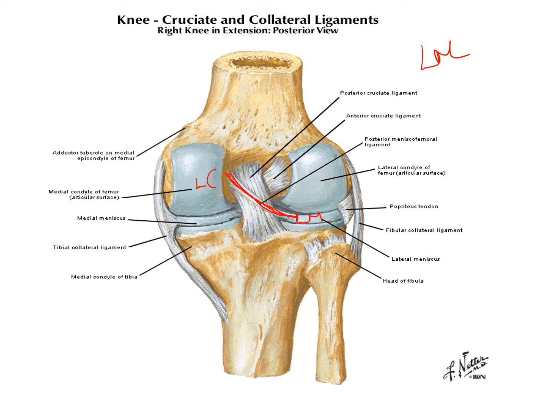This is called the meniscofemoral ligament, attaching the meniscus to the femur. That is why it is called the meniscofemoral ligament. It has two bands, an anterior band and a posterior band.